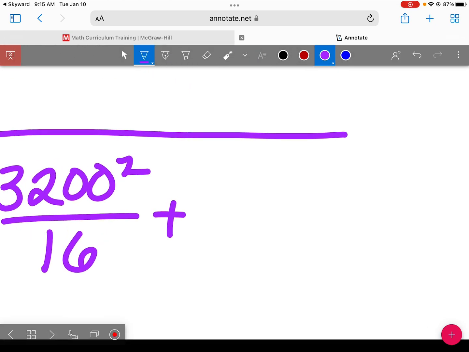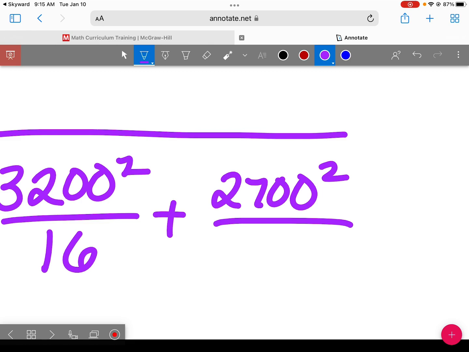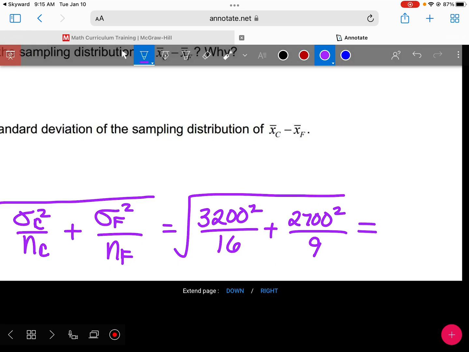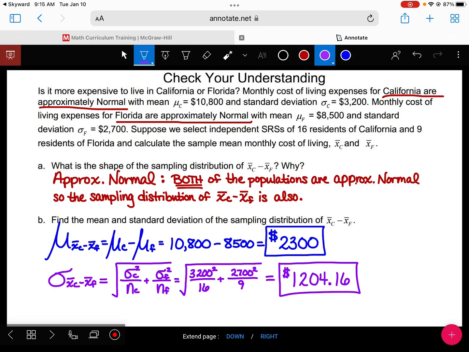What for my next piece? 2,700 squared over 9. And when you calculate that, you should get $1,204.16.